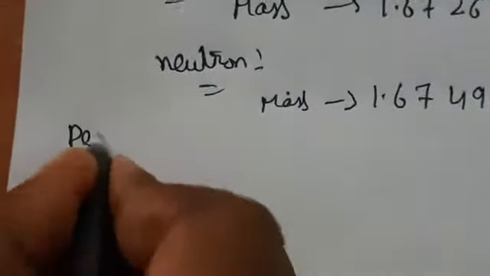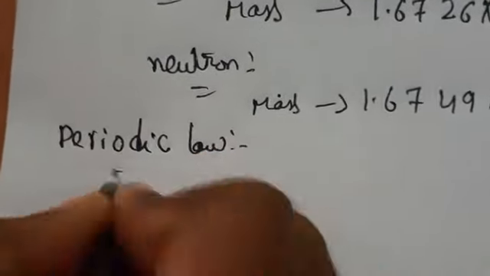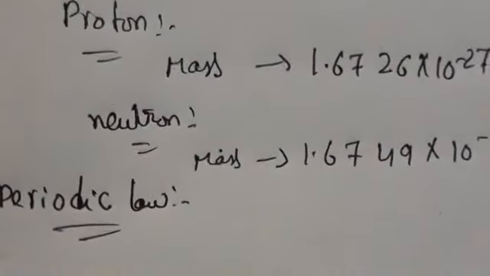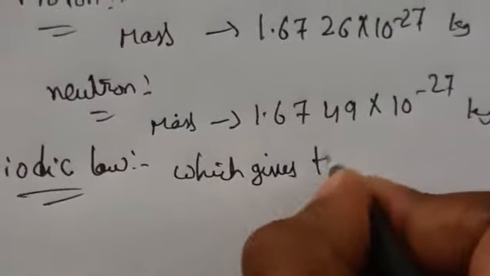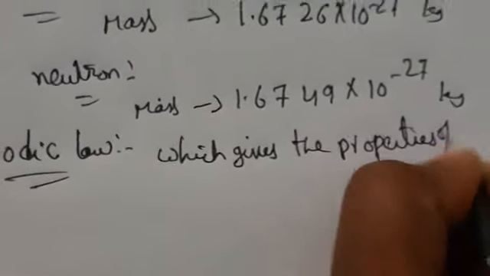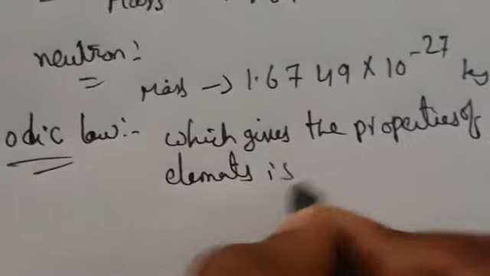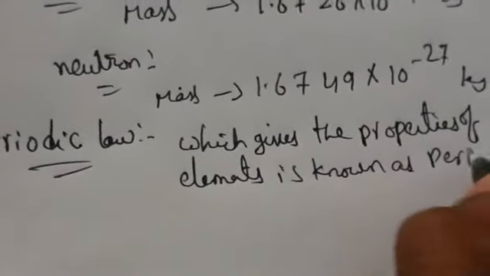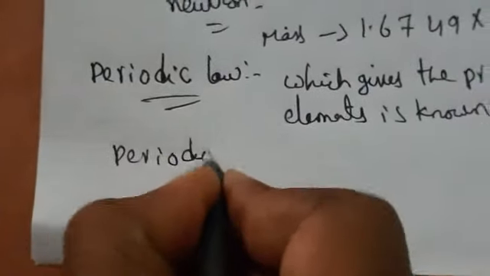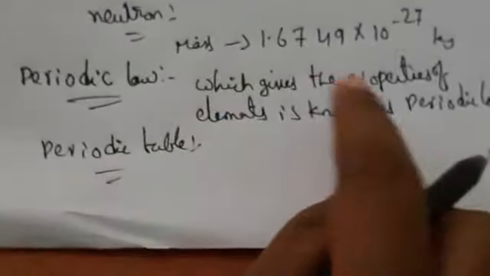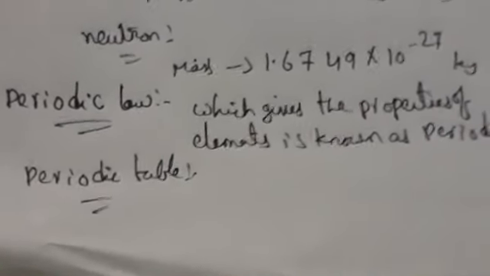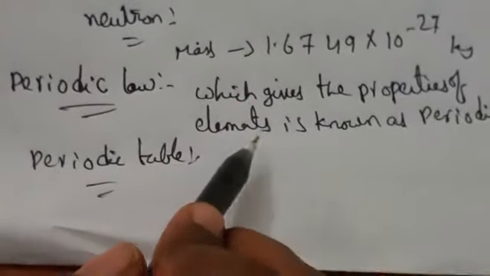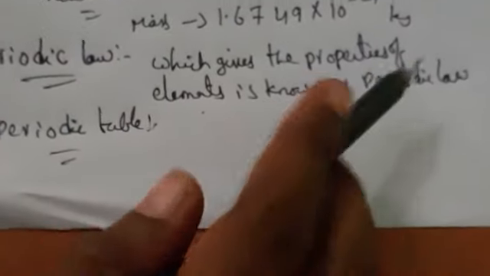Periodic law means the law which gives the properties of elements. In the periodic table we have different types of elements. The law which gives the properties of each element, we call it the periodic law.